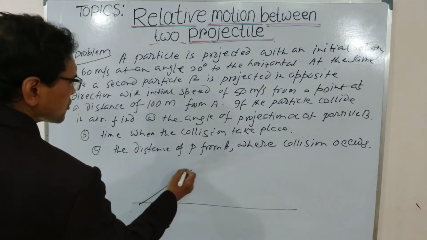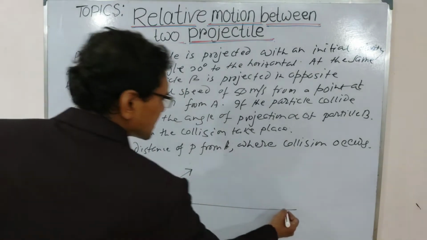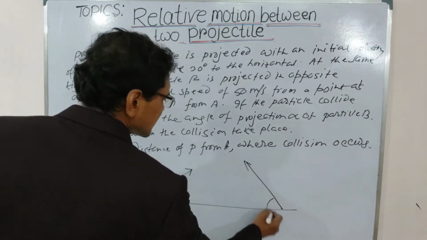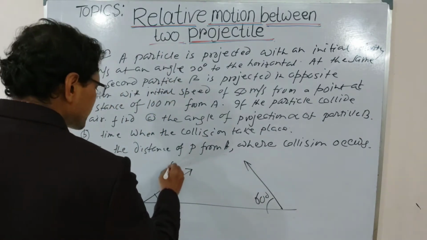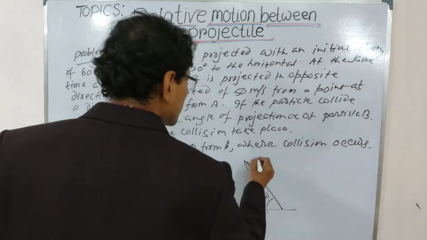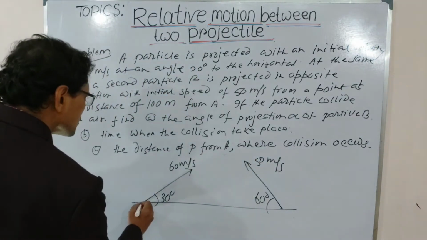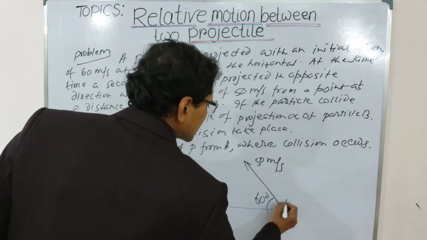One particle is projected at 30 degrees and another particle is projected at an angle alpha. This velocity is 60 meter per second. This is 50 meter per second. The distance between A and B is 100 meter.